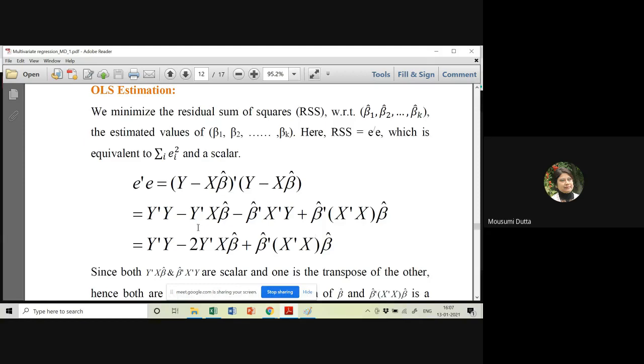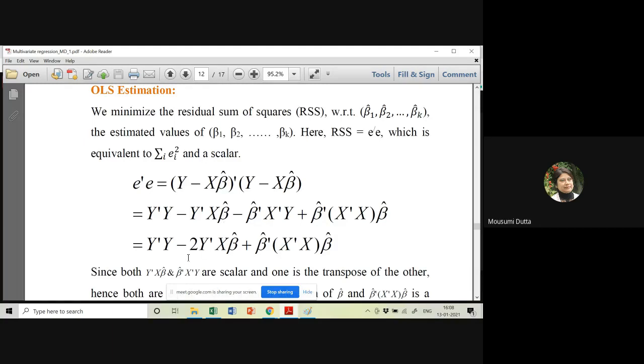So Y prime X beta hat and beta hat prime X prime Y are scalars, which means they are a single numerical figure, say 5. This is -5, this is also -5, so we can easily write the term as -10. I'm following the same logic here, considering the two terms as identical scalars.